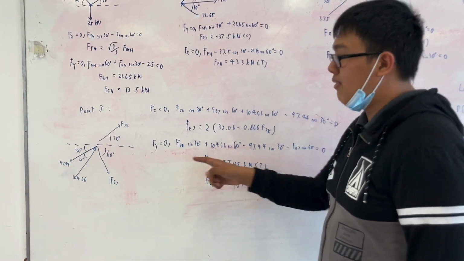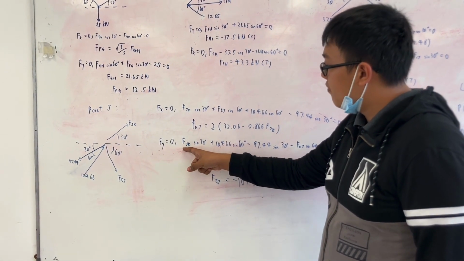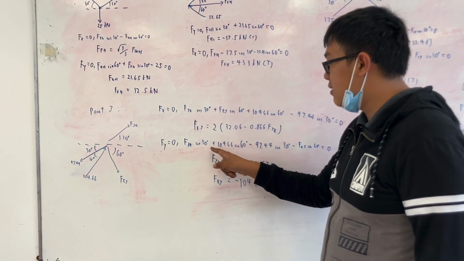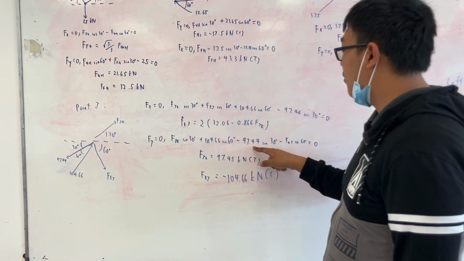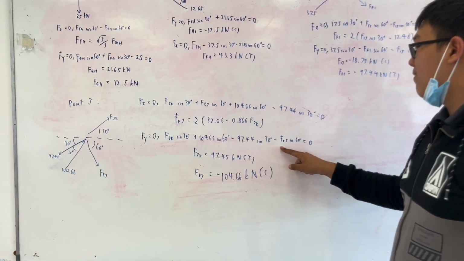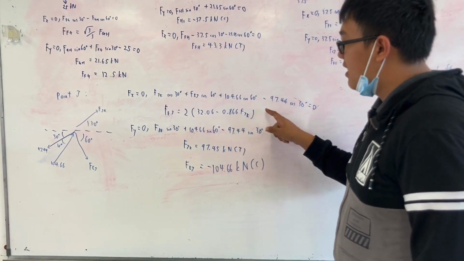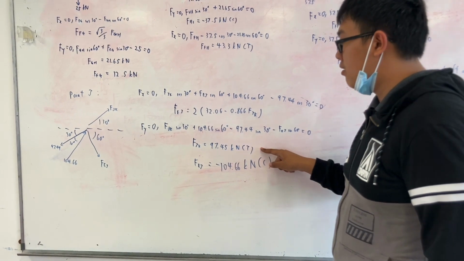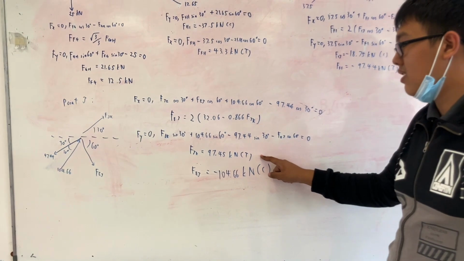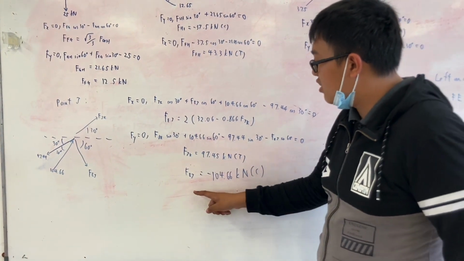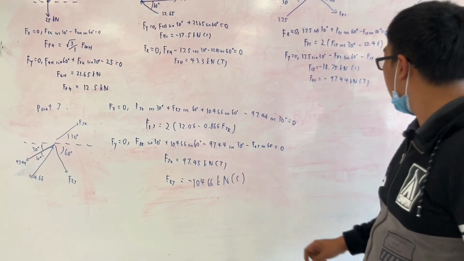We can insert that into the Fy axis and find the equation is FJK sine 30 degrees plus 104.66 sine 60 degrees minus 97.44 sine 30 degrees minus FEJ sine 60 degrees equals 0. From both these equations, we can determine that FJK is equal to 97.45 kilonewtons, which is a tensile force. And then we can use that to find FEJ, which is negative 104.66 kilonewtons, which is a compressive force.